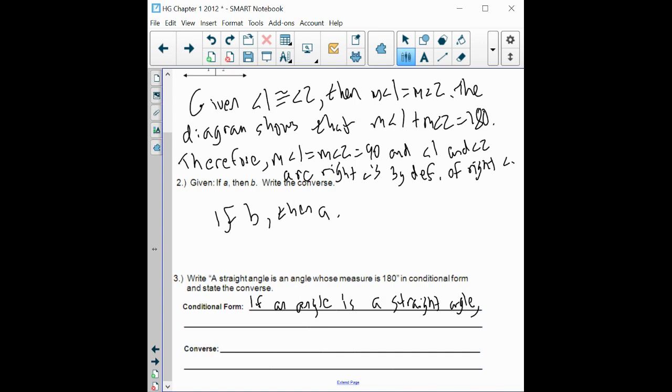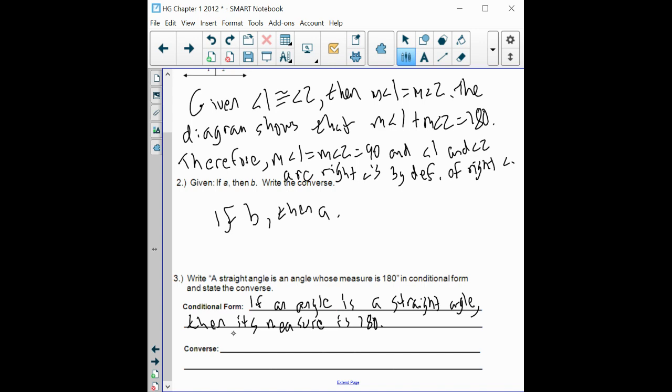So then my conclusion is its measure is 180. Okay. So there's the conditional form, the normal if-then.